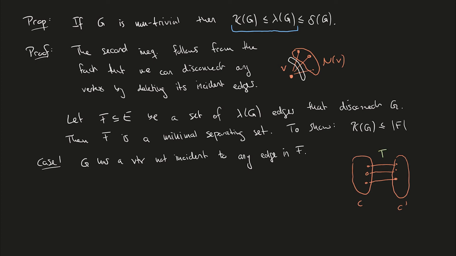So this is F. And now in case one, we're assuming that we have some vertex V, which is not incident to any of the edges in F. So as in the picture, we let C be the connected component that contains V.